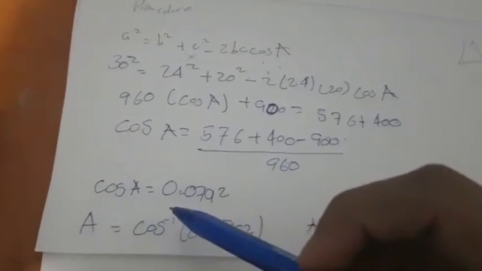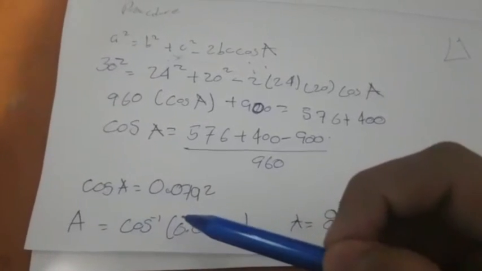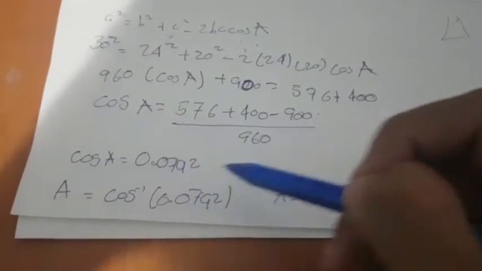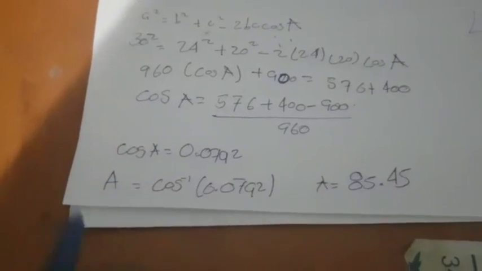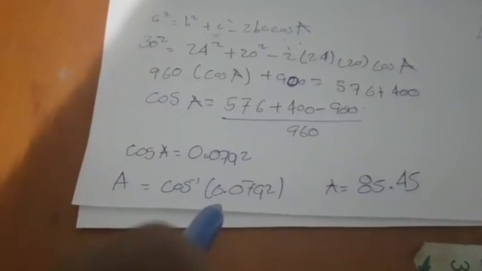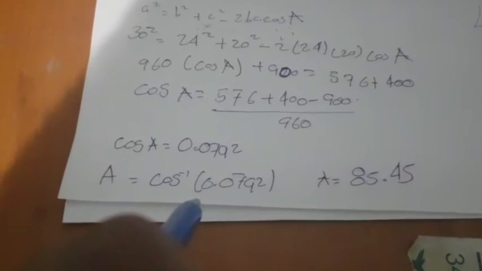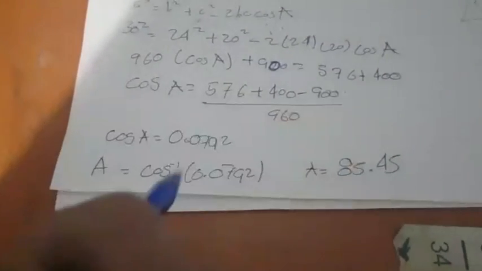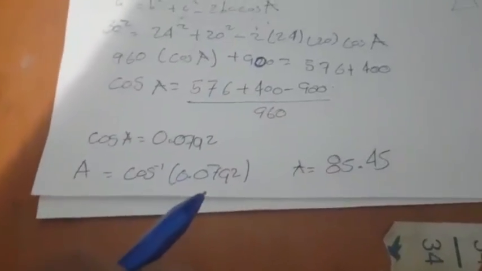It shows that the cosine of a is equal to 0.0792, and a is equal to cosine minus 1 of 0.0792.